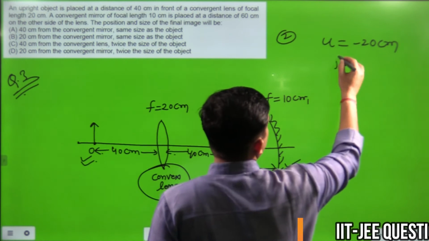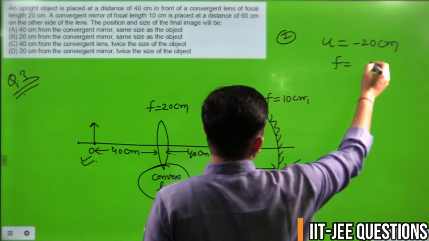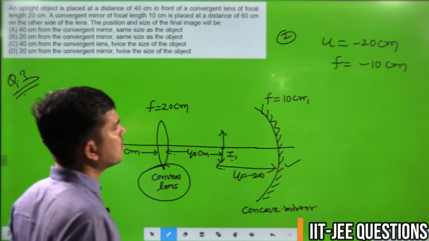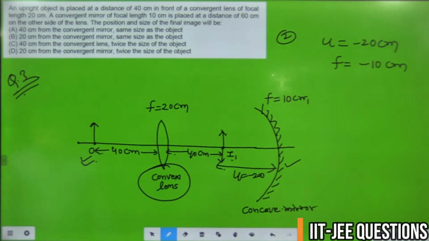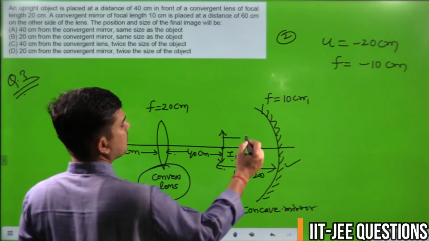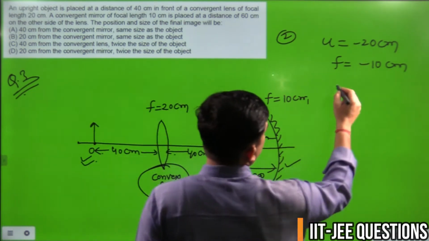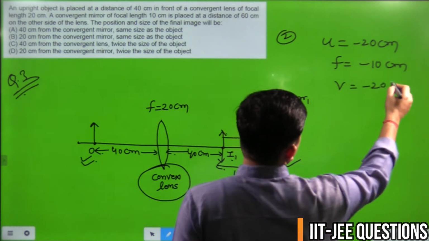Focal length f equal to -10 centimeter. The object is placed at -20 centimeter and f equal to -10 centimeter. And again the image will form at the same -20, v equal to -20 centimeter.